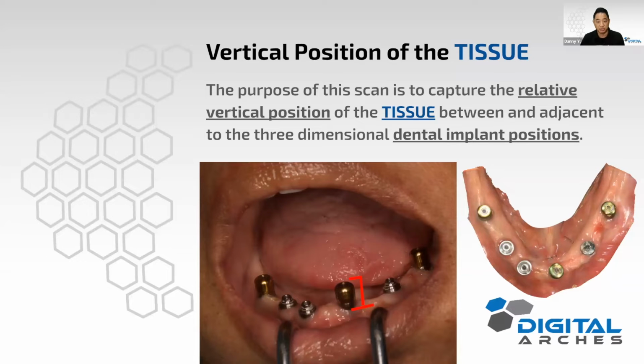You just want to make sure you capture that tissue in terms of the position of it, the height of it, in between each one of the implants. The reason why I don't say you need to capture the full contour of the tissue is because that often traps the designer into, I mean, you capture that anyway, but if the designer's thinking in those terms, they'll often just create an intaglio surface that's almost contoured to the tissue.